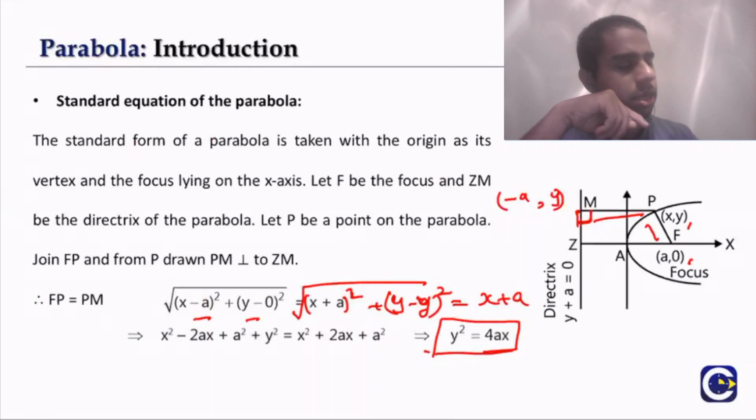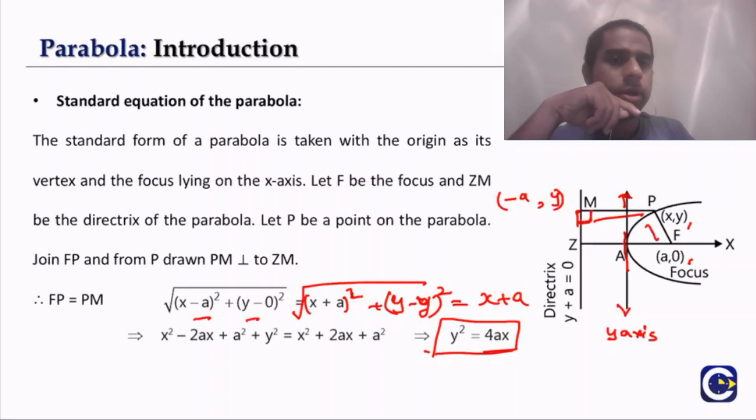This axis is called the axis of the parabola, where the parabola touches once and bulges outwards of the axis.